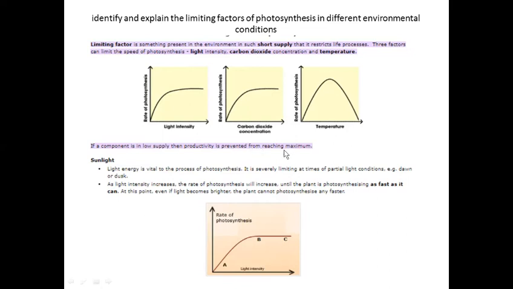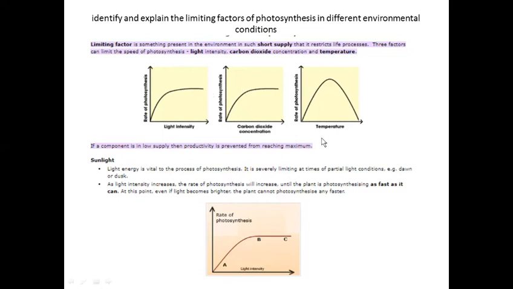Okay, so here, only temperature has a danger point. But with light intensity and carbon dioxide concentration, there is no danger point even if you keep increasing the carbon dioxide gas or light intensity. The rate of photosynthesis neither increases nor decreases, it is fixed at a specific level.